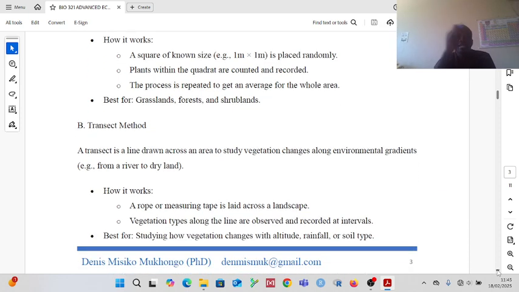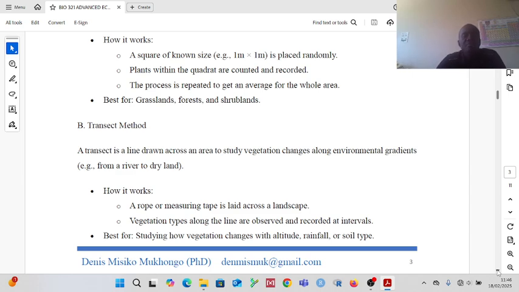A transect is a line that is drawn across an area, so that one can study how the vegetation changes along an environmental gradient. For example, maybe you want to study the changes of vegetation from a river as you approach the dry land.